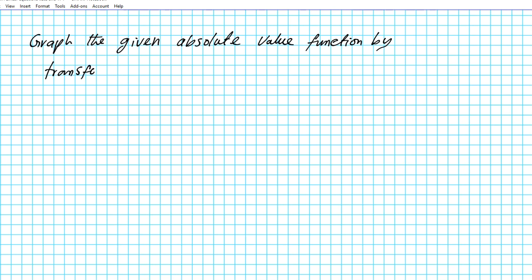Remember, you can also do this using a piecewise defined approach where you break up the function into different pieces and you graph them one at a time in their respective regions. So let's say we have y equals the absolute value of x plus 3, plus 1. Okay? Alright, so there goes the absolute value function that we are going to graph.